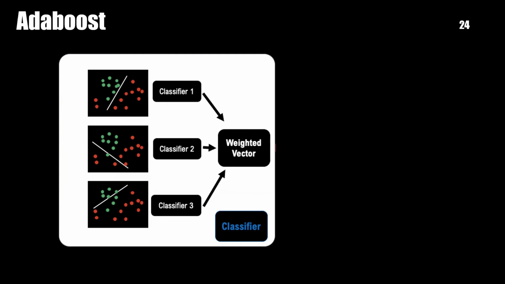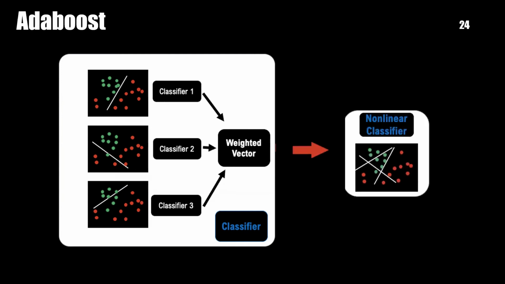This is another classifier, and this is the third classifier. All of them are weak, but if you consider the weighted combination of these 3, that is the classifier that you get. You get that nonlinear classifier, and that is doing a better job than these 3. So AdaBoost, basically, depending on which classifier you are using, you are just combining them and getting a nonlinear classifier.